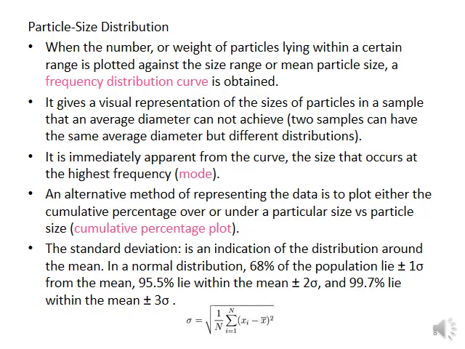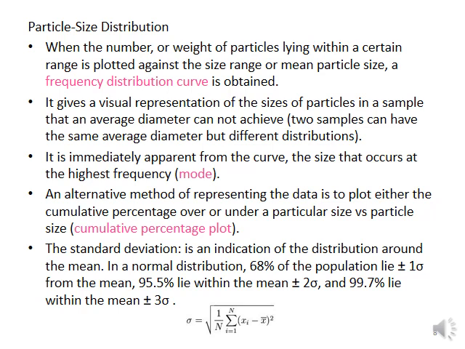Frequency distribution curve is obtained when we plot number or weight of particles within a certain range against size range of mean particle size. This is shown in slide number 10. Frequency distribution curve gives a visual representation which is usually not achieved by determining only the average diameter.